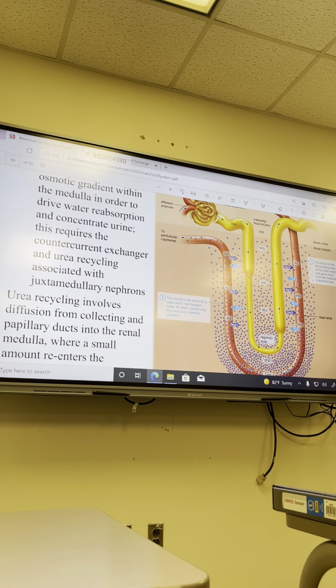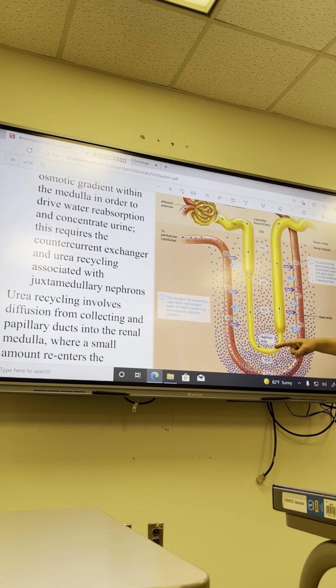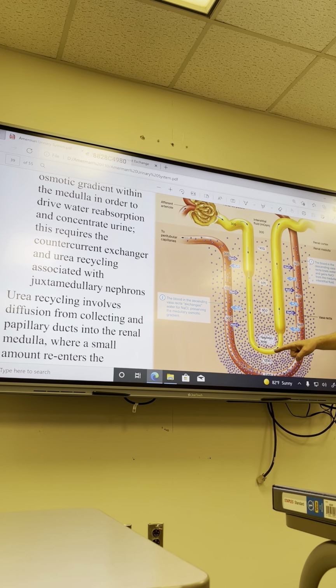Now, we will see in a minute, by the time the fluid gets down to the very bottom of the nephron loop, it's extremely concentrated. Because the descending limb that's going down here is permeable to water. And because it's permeable to water and it's passing through this extremely hypertonic area, water is being drawn out of the descending limb by what process? Osmosis.